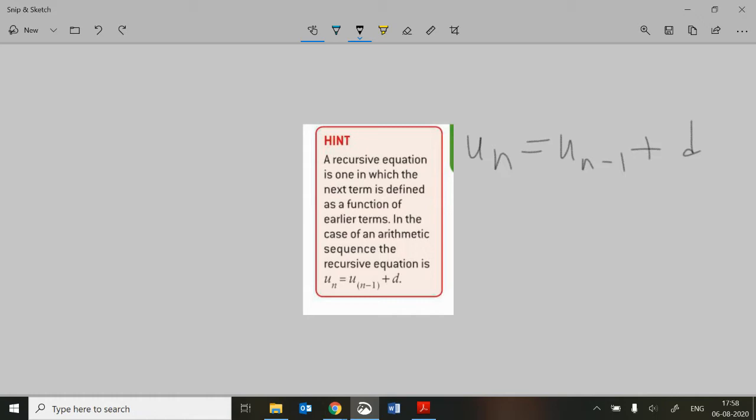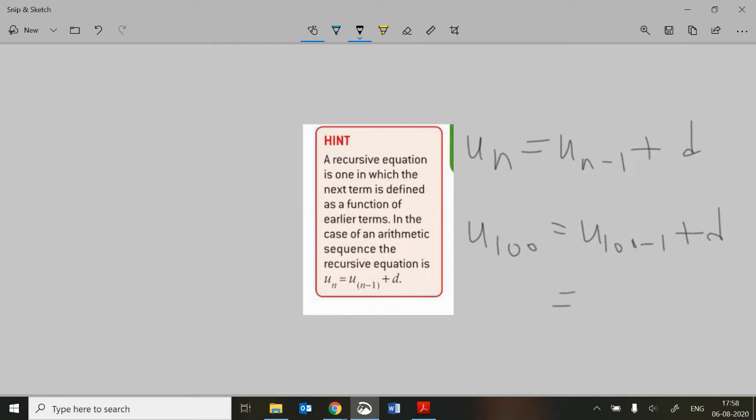And so what we're talking about here is, for example, if I told you the 99th term was, let's say, 129. I don't know what it is. And then to get to the 100th term, we'd say the previous term, which would be the 99th one, plus the common difference.